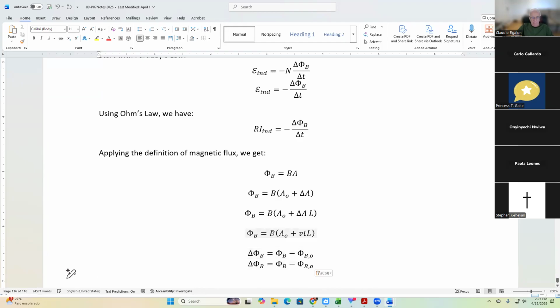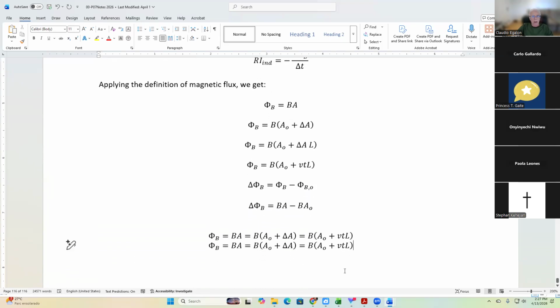The initial magnetic flux is exactly the first term in that equation. And the final magnetic flux is going to be what you see right in here. The magnetic field doesn't change for this specific example.